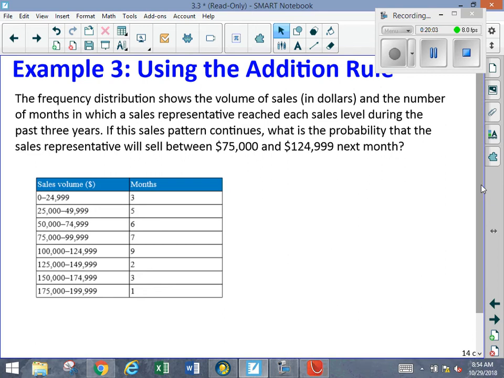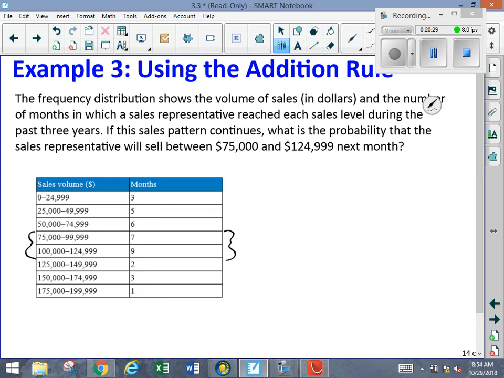So what does that look like? We're looking at these two right here. How often does that occur?